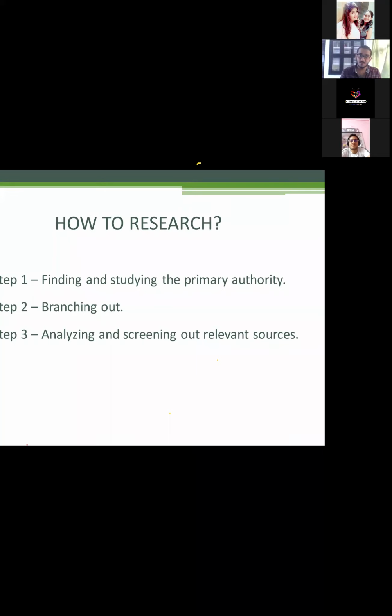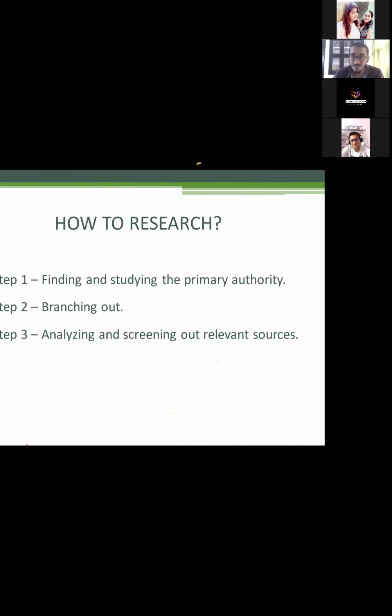And again, going back to analyzing and screening out relevant sources, this has another aspect too, because you might find lots of academic content or case law that might seem relevant to you, but what is relevant should be legally binding.